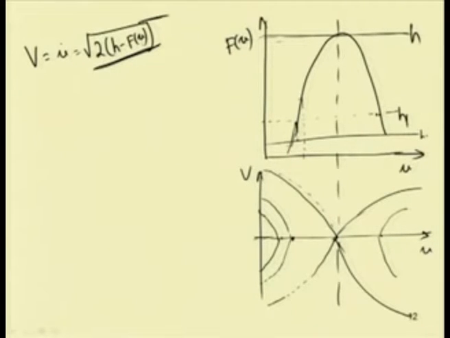At this point we will have a 0 solution, that means V and u equal to 0, and before that, as H is greater than f(u), we have 2 values of this.